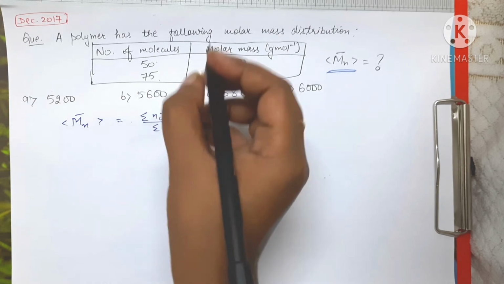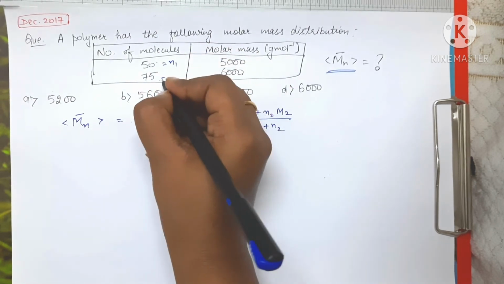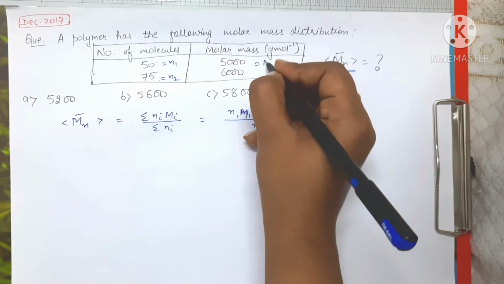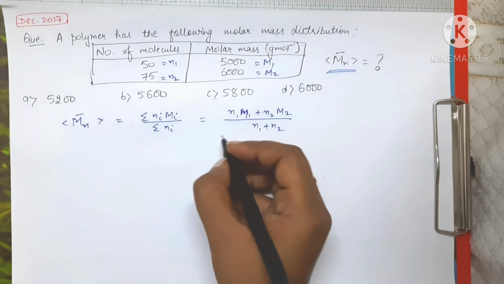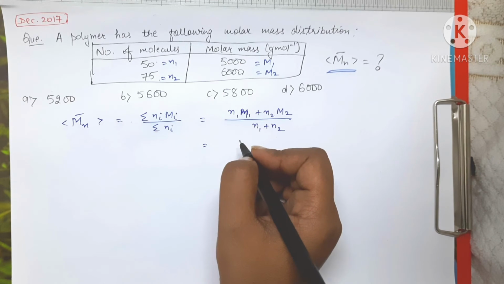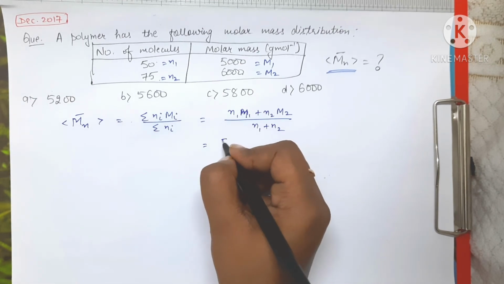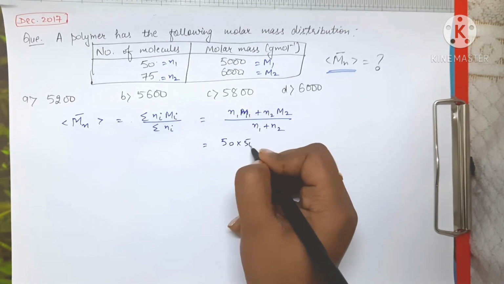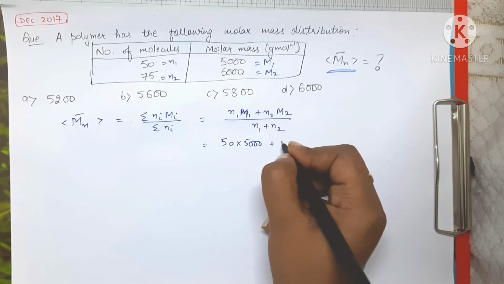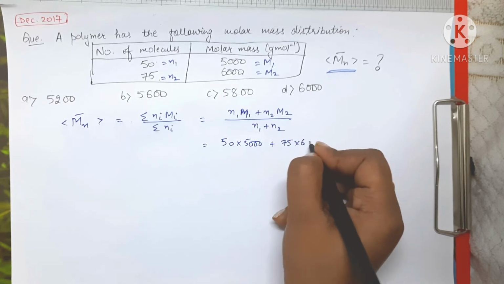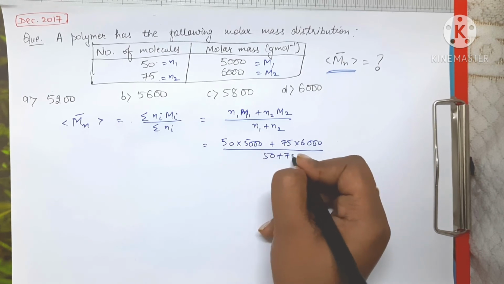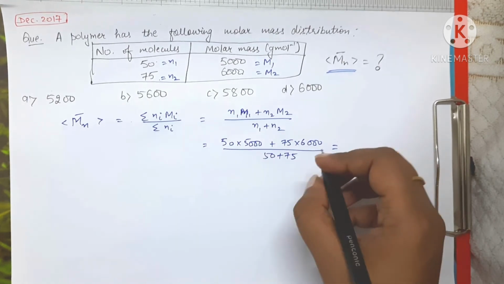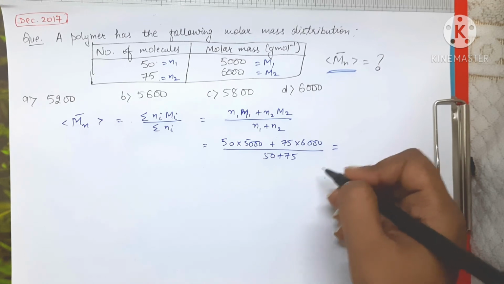We just have to put the values. This is N1, this is N2, this is M1, and this is M2. We just have to substitute the values. What we'll get after substitution is 50 multiplied by 5000 plus 75 multiplied by 6000, divided by 50 plus 75.